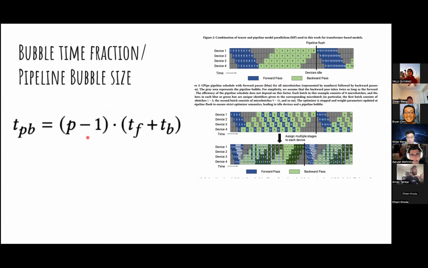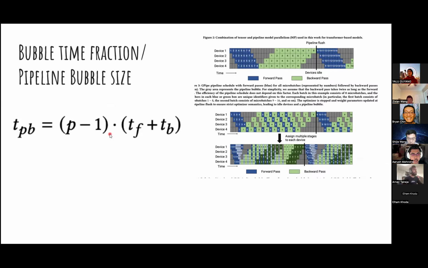If we have P dimensions of pipeline parallelization, as in the neural network has been divided into P pieces, you can easily see that one result will need to be transmitted P minus 1 times to all the P minus 1 other GPUs.